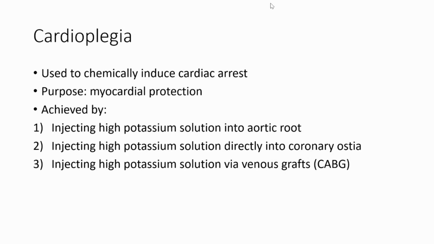And cardioplegia itself is one of two ways we protect the heart from high oxygen demand. The second way we do that is by keeping a lower temperature of the heart when we're in the main stages of the operation, which we do by cooling the blood in the bypass machine, but also just basic, simple, good old-fashioned physics, which is getting a jug of cold, sterile water and pouring it all over the heart during the operation.